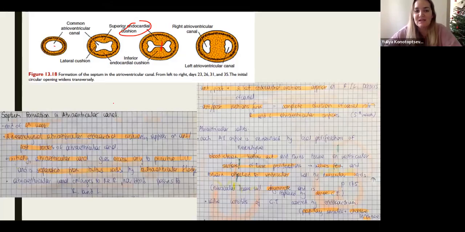Unfortunately, this is a mistake in the book. They wrote that this is the superior endocardial cushion and this is the inferior. No, this one is the anterior endocardial cushion and this one is the posterior one. So think about it this way. You had some kind of structure like this with a lumen. You had an atrium here and a ventricle here, right?